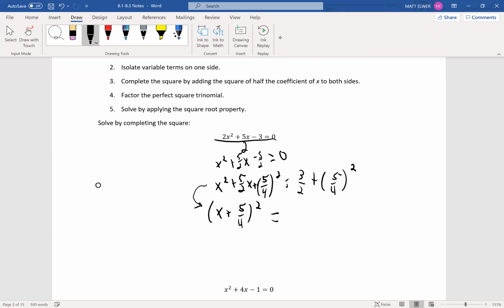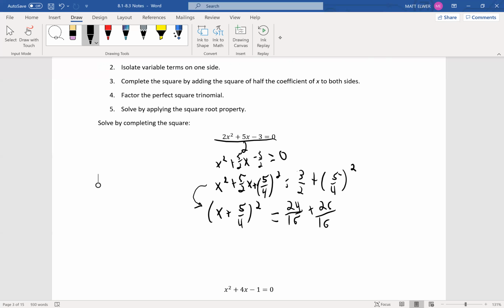Notice that I'm going to get 16 on the bottom when I square this, so I'm just going to convert this 3 over 2 into 16ths. If I do that, I get 24 over 16. And then on the right, we have 5 over 4 squared, so we square the top and square the bottom. We get 25 over 16.